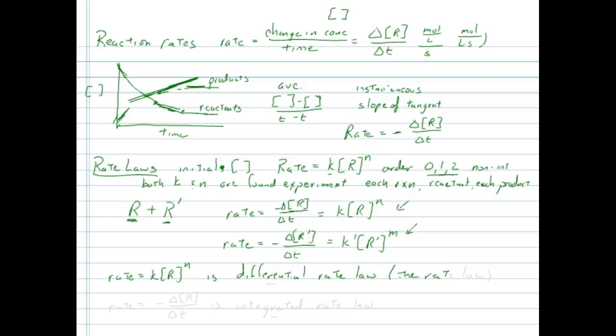This is the one that is used most often. If you have the rate equal to the negative change in concentration of R over change in time, this is the integrated rate law.